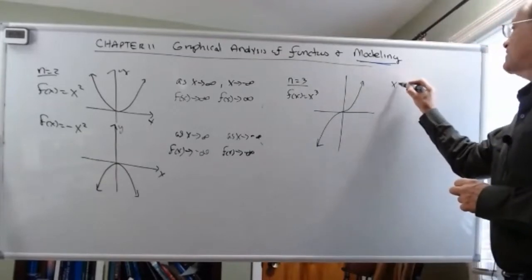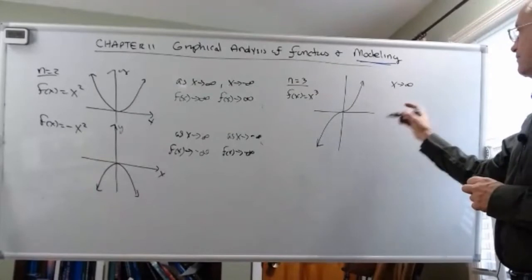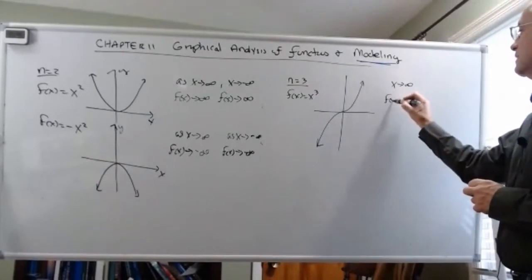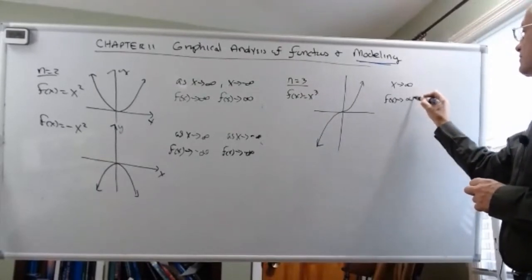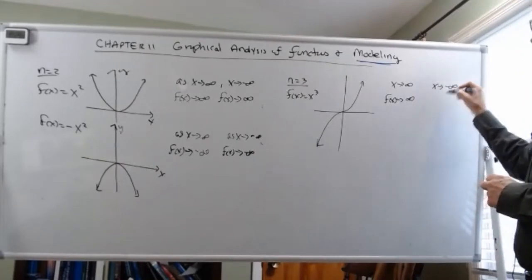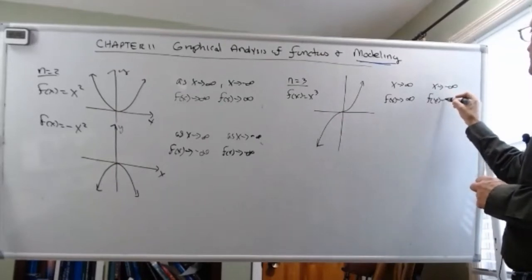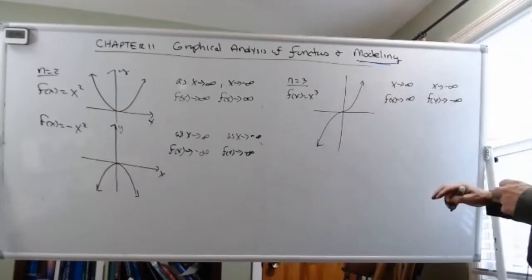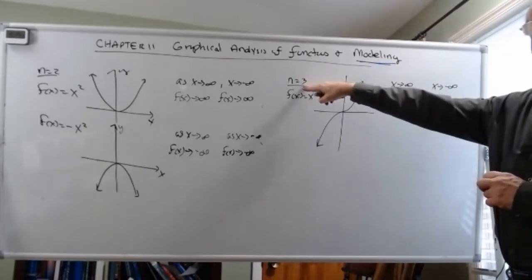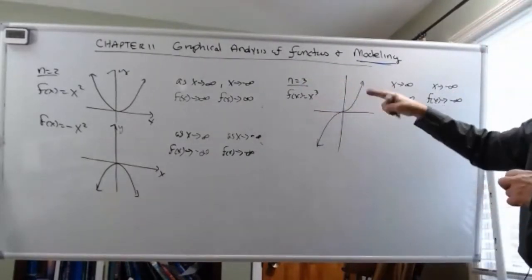Now as x goes to plus infinity, my f of x also goes to plus infinity. As x goes to negative infinity, going in the opposite direction, my f of x goes to negative infinity. This is an odd exponent over here. It does the opposite things.